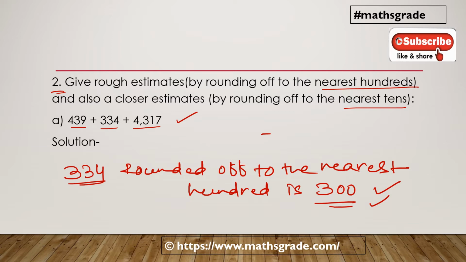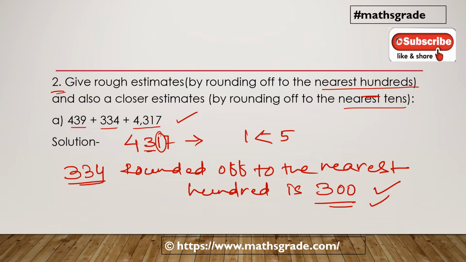Now 4317, rounded off to the nearest hundred. In 4317 the tens place digit is 1. 1 is less than 5. So just write down the hundred place digit 3 as it is. Don't add 1 to the hundred place digit.